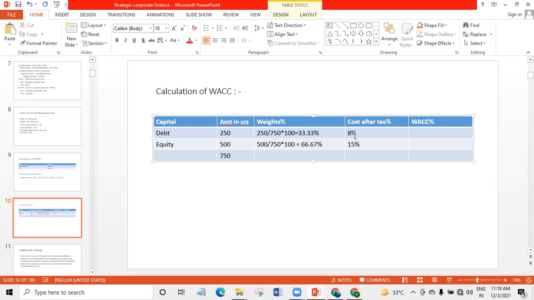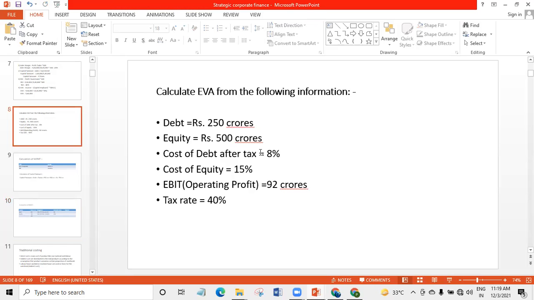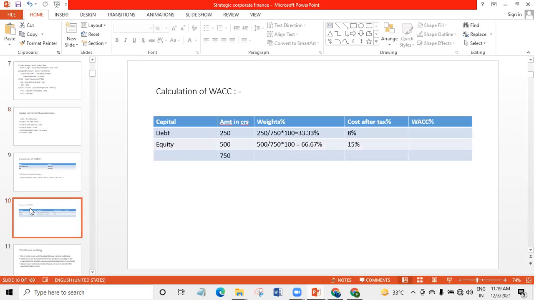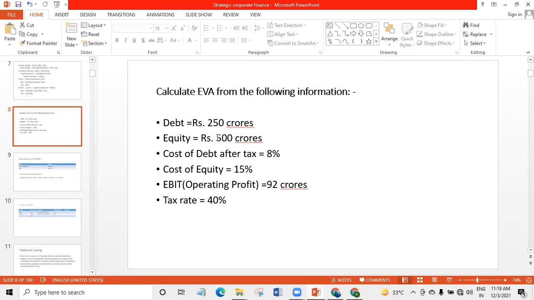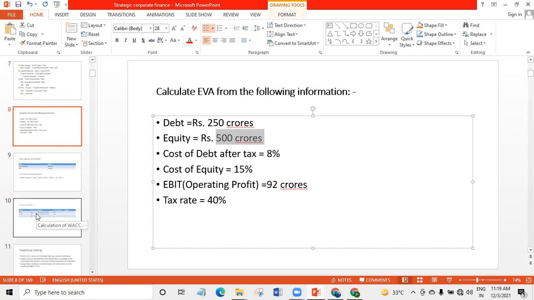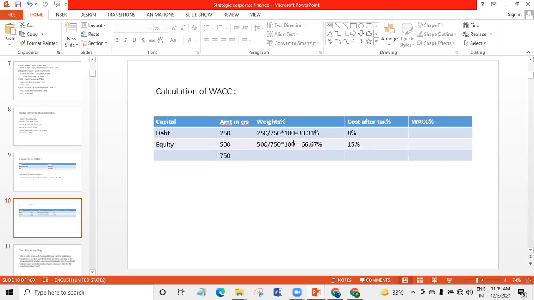Cost of debt, KD, is 8% after tax, and cost of equity is 15%, given in the question. 250 upon 750, 33.33%. 500 crores divided by 750, 66.67%.